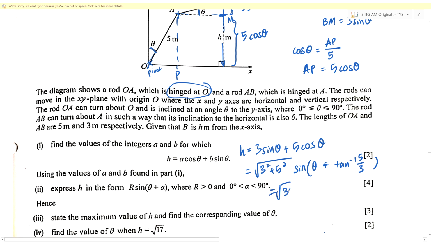So we end up with root 34 sine theta plus tangent inverse 5 over 3. Make sure you are in degree mode since they are using degrees. So 78.690 degrees. Is that correct?